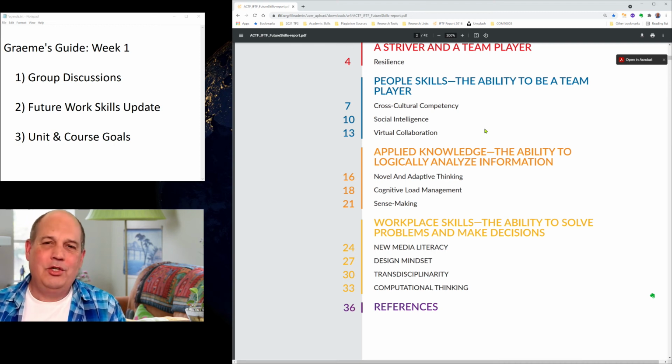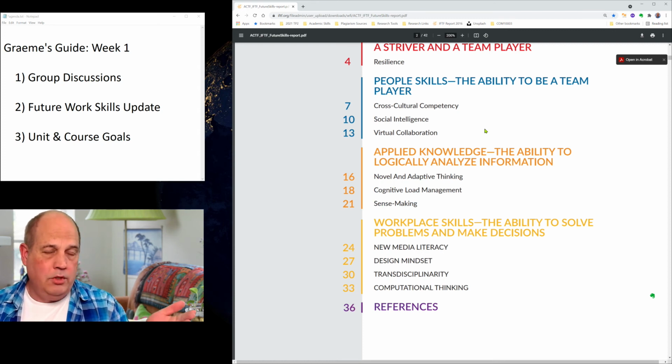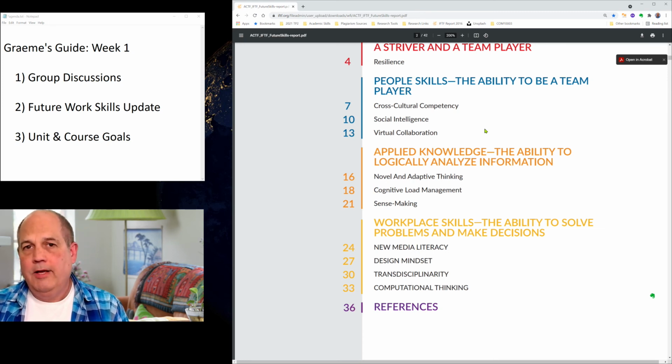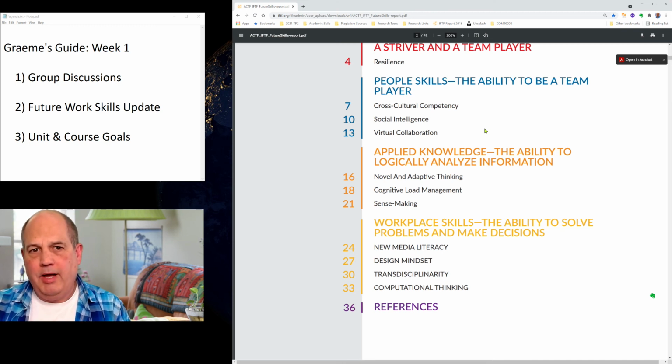And again, you must cite and reference evidence for your goals. And you can cite the future work skills reading as evidence of the importance of cross-cultural competency or virtual collaboration. And as I said, these would be very good big picture goals to have. These are the sort of unit goals and course goals we want you to be thinking about.